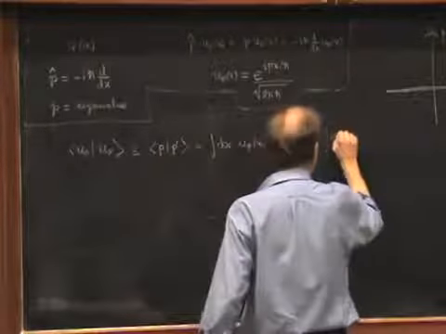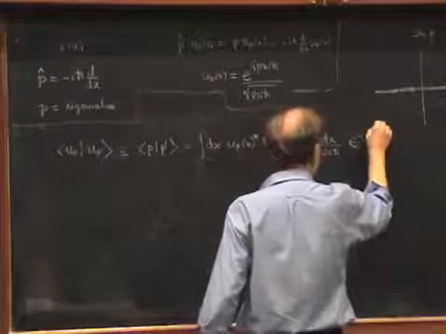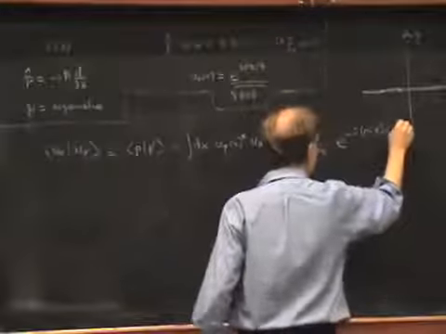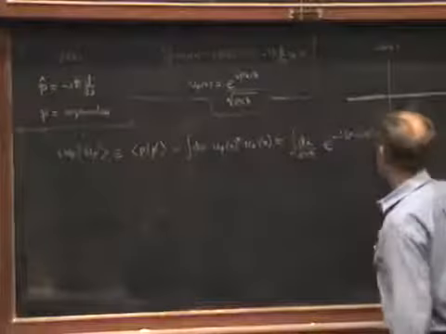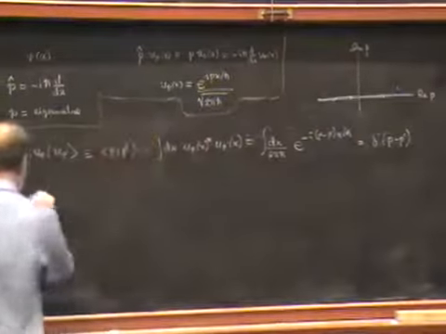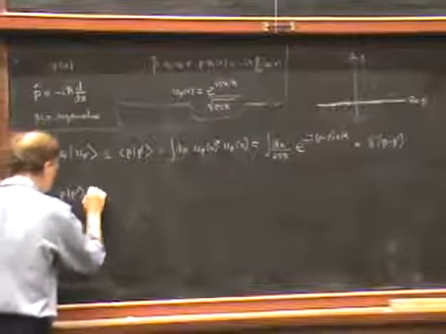That's equal to the integral over x divided by 2 pi h bar of e to the minus i (p minus p prime) x over h bar. And that is the standard representation of the delta function of p minus p prime. And so to summarize this in one spot, we have the scalar product (p, p prime) is the Dirac delta function of p minus p prime.